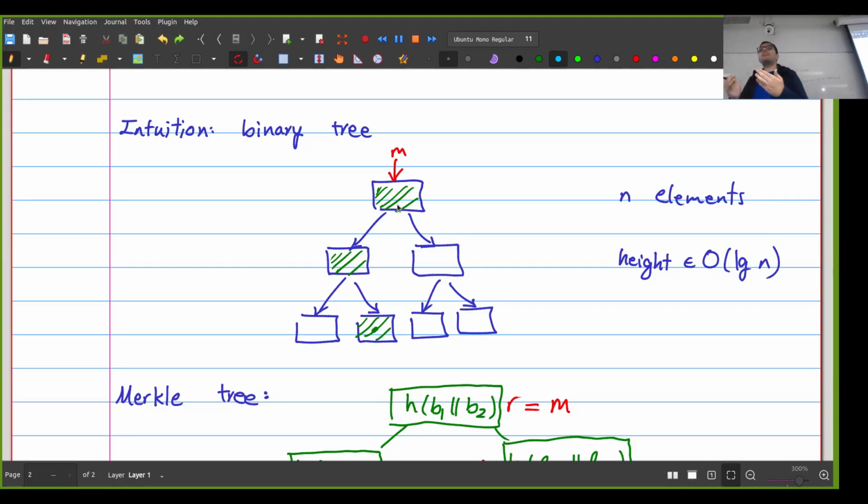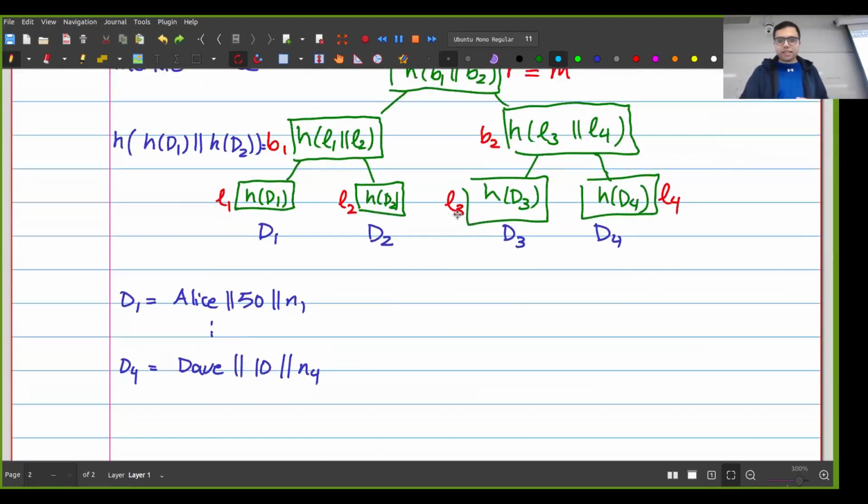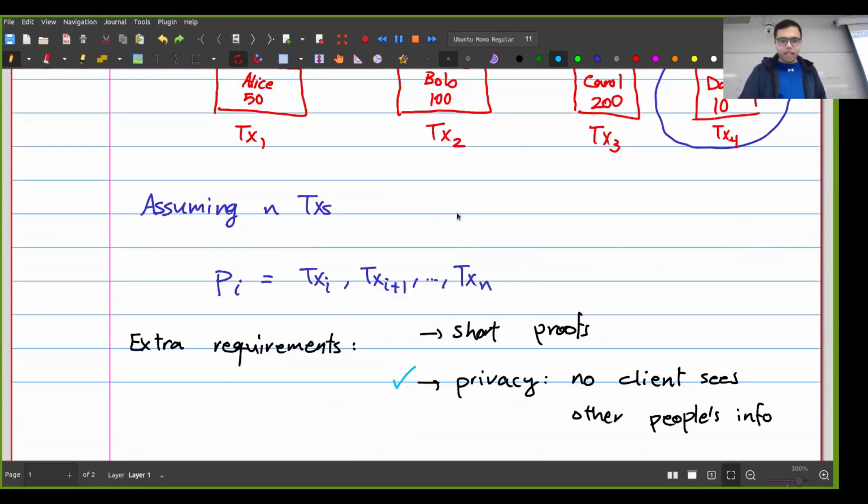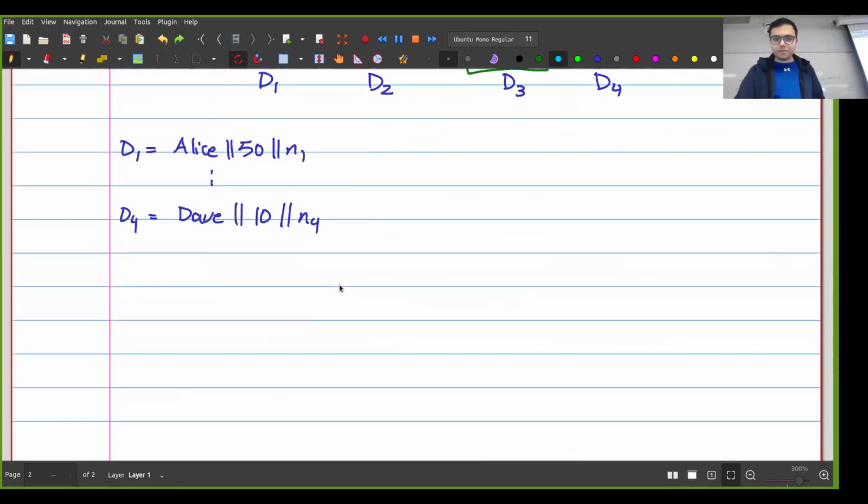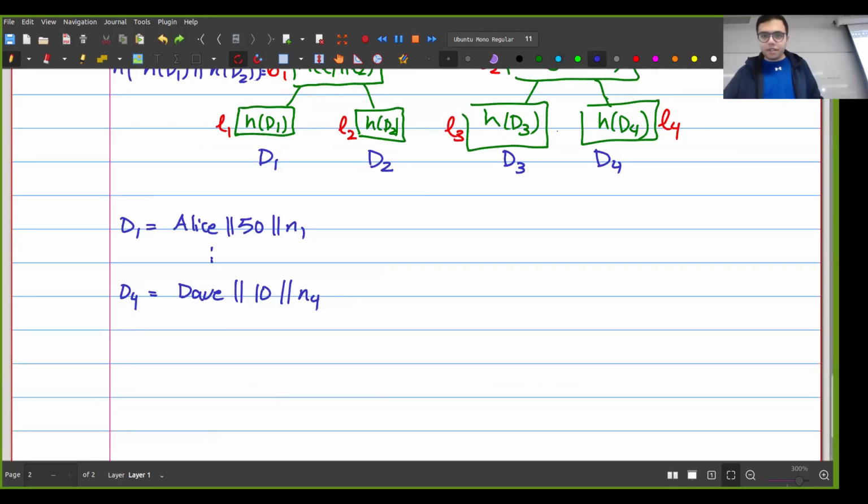The lengths of the proofs are actually 2 times log n. But that's fine. I don't care about just the constant factor. It's O(log n) anyway. So I can now have proofs whose lengths are O(log n). So if I take any proof pi, the length of this proof is in O(log n). More specifically, it's twice the logarithm plus 1 plus 2, whatever.